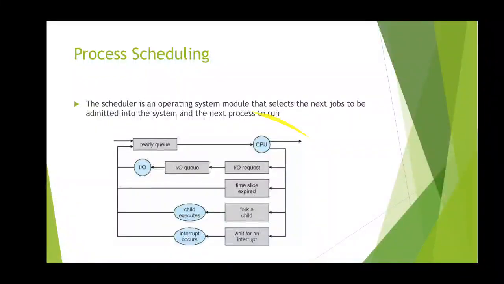Here you can see the functional diagram of process scheduling. In this functional diagram, there is one CPU, and inside the CPU all the processes are executed, and this CPU can execute only one process at a time. And we can see multiple processes waiting in this ready queue for execution.